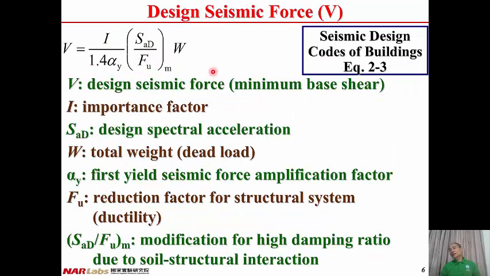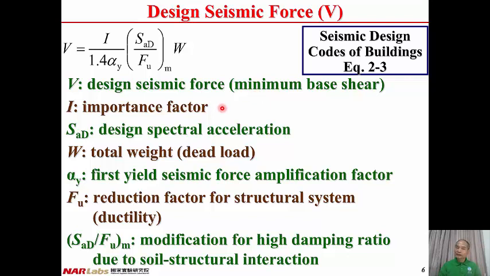From the seismic design code of buildings, equation 2-3, we have the design seismic force, V equals I divided by 1.4 alpha y, times SAD divided by FU modification, times W. V is the design seismic force, the minimum base shear strength of the building.